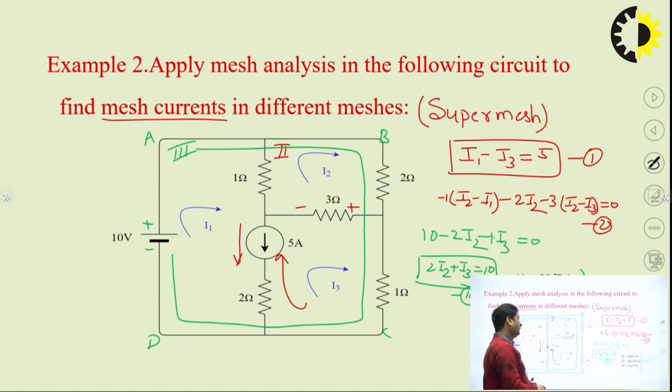So to avoid that, we just eliminate that loop, and then we can apply the KVL in the other loops also. The rest of the process is the same. As many meshes as there are, we can solve that many mesh equations.